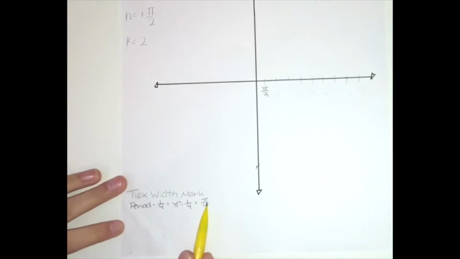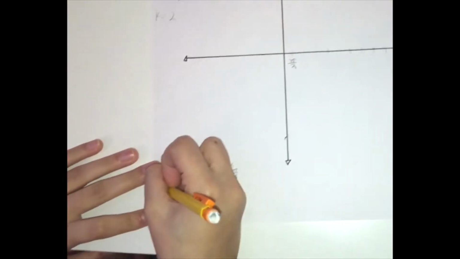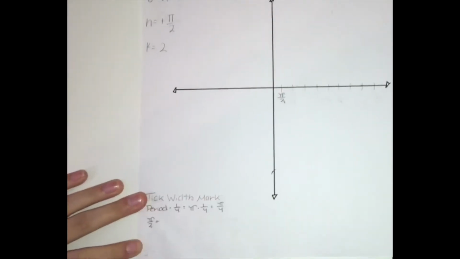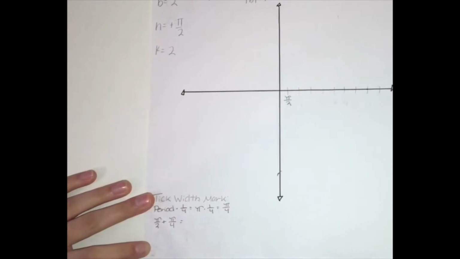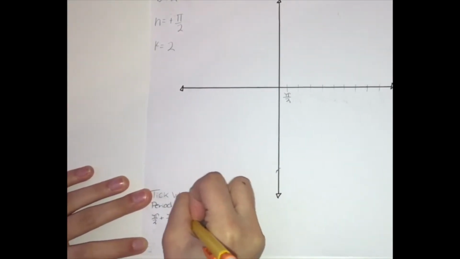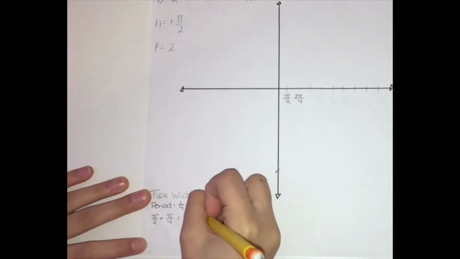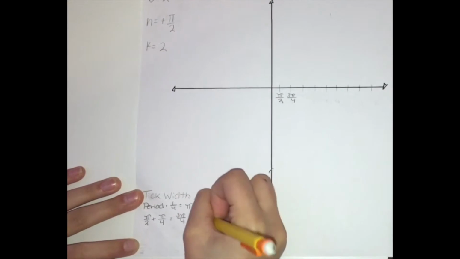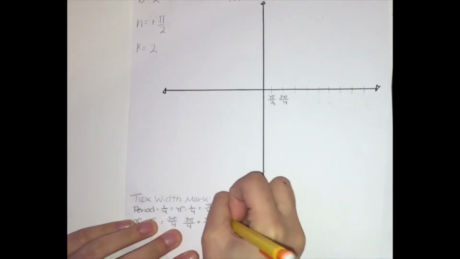So then you're going to take this number and add it to your previous number. So you'll take pi over 2 and add it to pi over 4, which is going to get you the second tick mark, 3 pi over 4. Then you're going to take 3 pi over 4 and add that to pi over 4, and you're going to get pi.